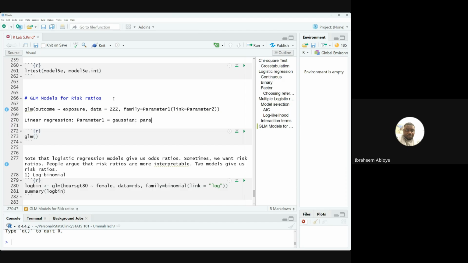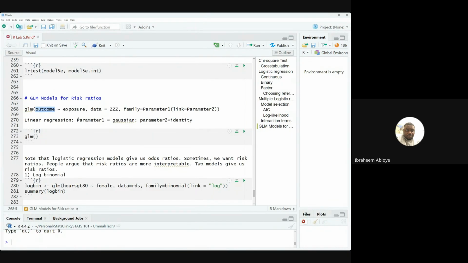Parameter 2 is identity. And this is identity because basically what it means is that we're asking R to not make any change to the form of the outcome.